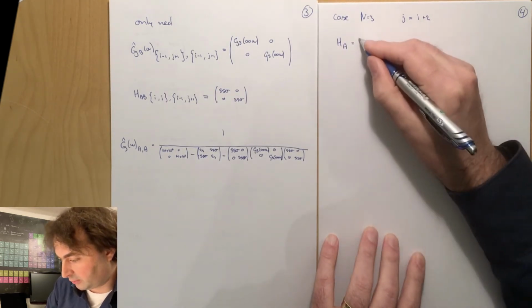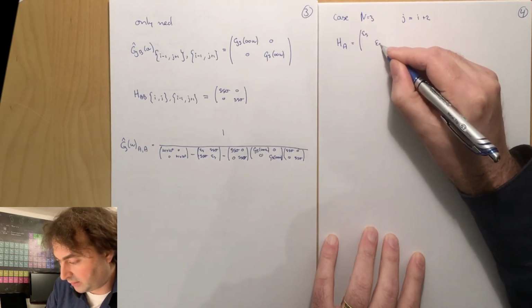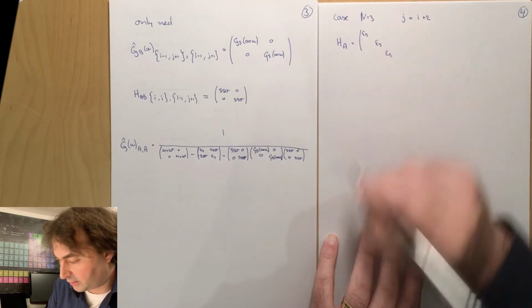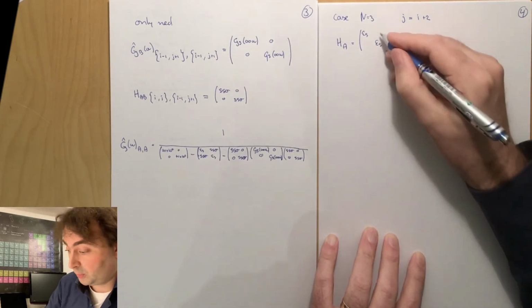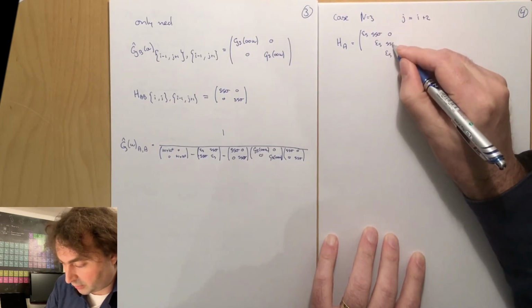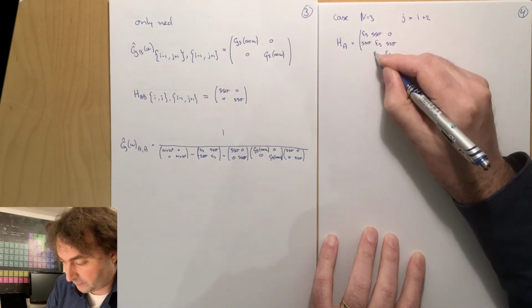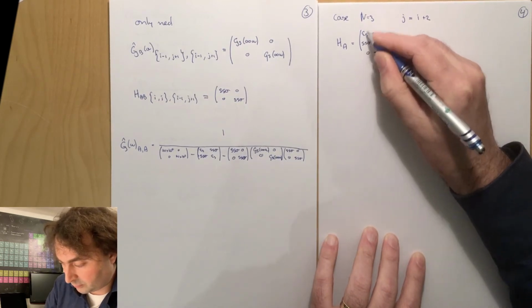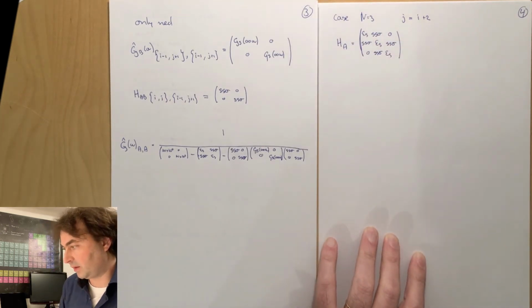Our Hamiltonian for subsystem A is now given by a 3 by 3 matrix. The on-site energies are epsilon s for sites i, i plus 1 and i plus 2. And we have a hopping between nearest neighbors only, so there is no coupling between i and j directly. Only by going via the intermediate state.